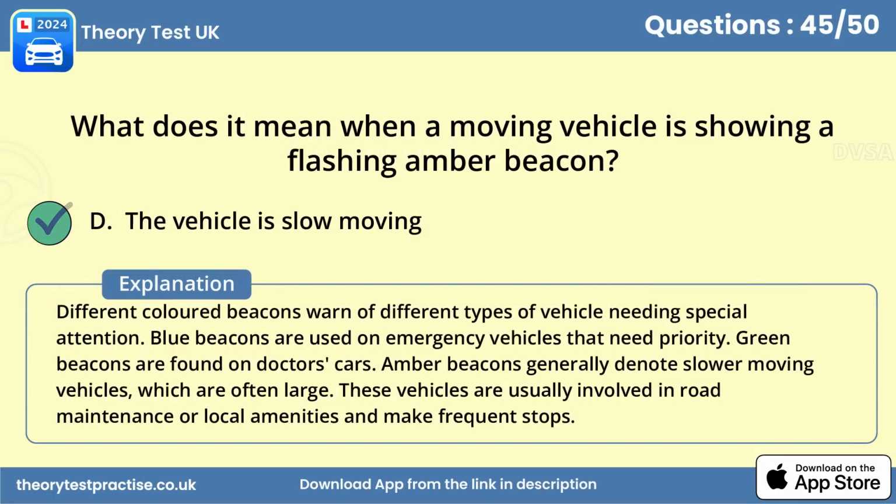Different colored beacons warn of different types of vehicle needing special attention. Blue beacons are used on emergency vehicles that need priority. Green beacons are found on doctors' cars. Amber beacons generally denote slower moving vehicles, which are often large. These vehicles are usually involved in road maintenance or local amenities and make frequent stops.